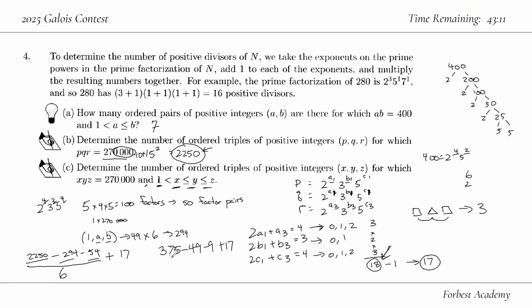Okay, so this is 326, minus 9 is 317, plus 17 is 334. So there should be 334 ordered triples of positive integers x, y, z for which x times y times z is 270,000, and 1 is less than x, is less than or equal to y, is less than or equal to z.